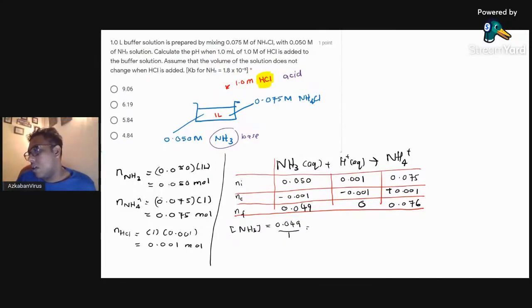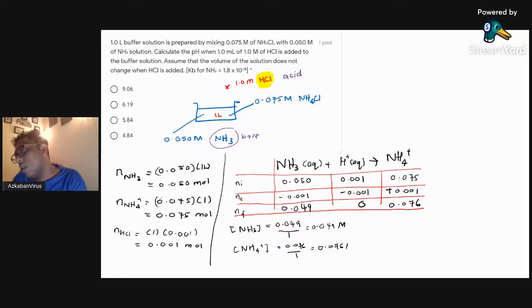Kita sama juga untuk NH4 plus. Okay, from here akan dapat POH is equal to PKB plus log concentration of OH minus.